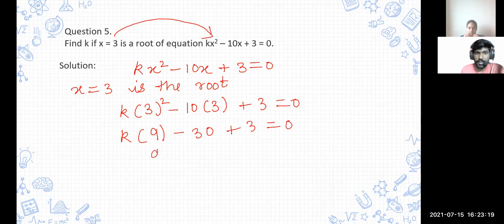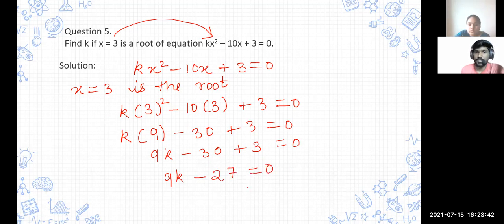I'll write it as 9k minus 30 plus 3 is equal to 0. Now how much is minus 30 plus 3? Minus plus minus, so minus 27. Correct.